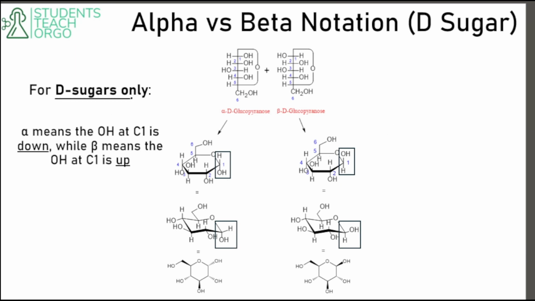So for D sugars only, the alpha means that the OH at C1 is down. While beta means it's up. So in this case, this is up, up, and even here, up towards you. Here it's down, down, and down. We're going to go into more depth, but this is just general for D sugars only.